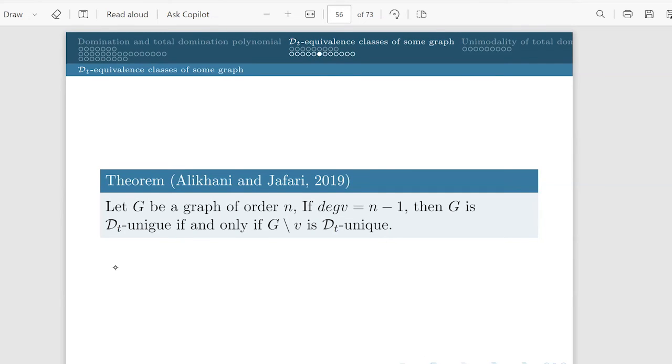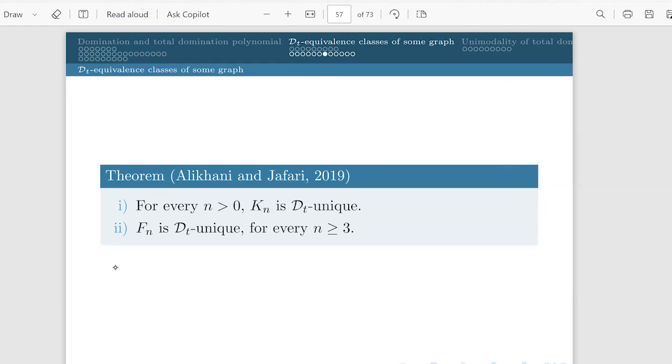I think it is an easier theorem that can help us for classifying the equivalence classes. For example, it is easy to see that the complete graph is DT unique and the friendship graph is DT unique, but you saw that Fn is not DT unique. That is, the domination polynomial of a friendship graph is not unique, but the total domination polynomial of the friendship graph is unique.